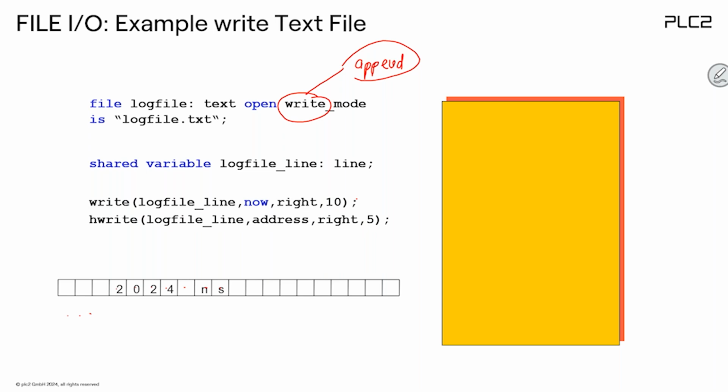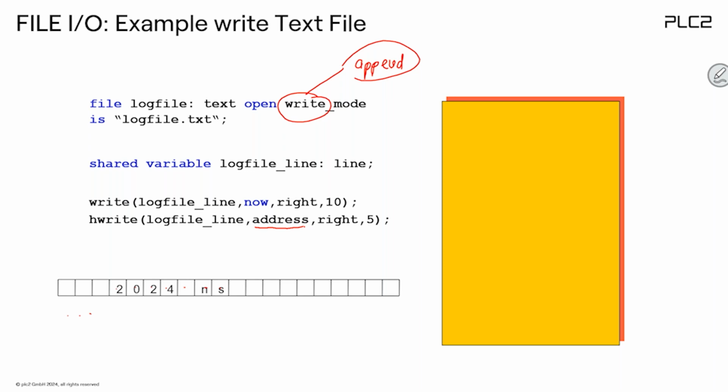Now I continue. Now I say H write, which means hex write, because in this case you would like to print the address using the hex value. This is the contents of this object. I would like to print the value. Again, the field size is 5, and the justification or orientation is right.